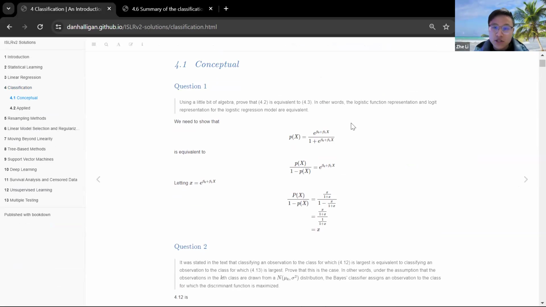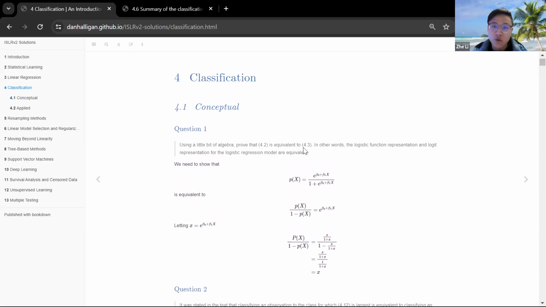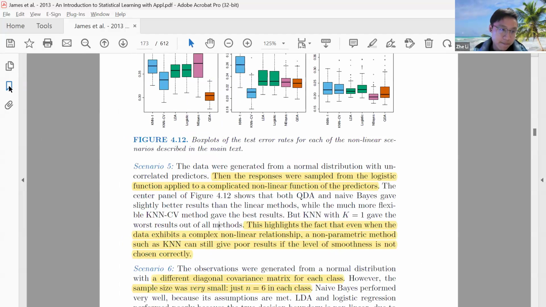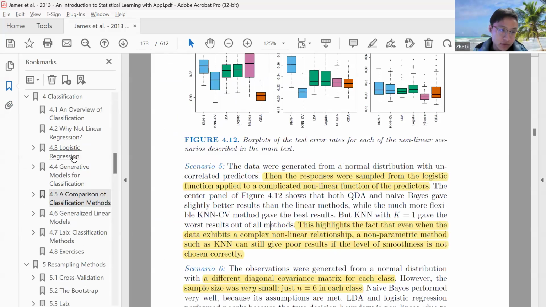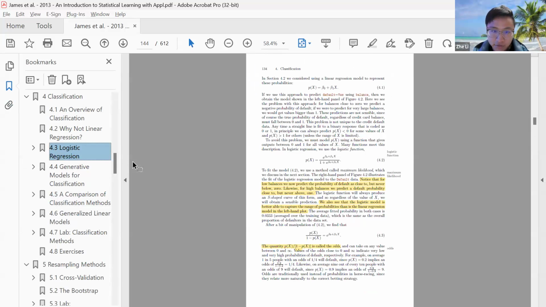The first question is about the logistic function: to prove that the logistic function representation and the logit representation of the logistic regression model are equivalent. The functions here are 4.2 and 4.3.